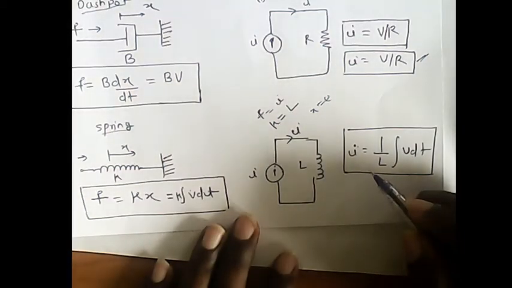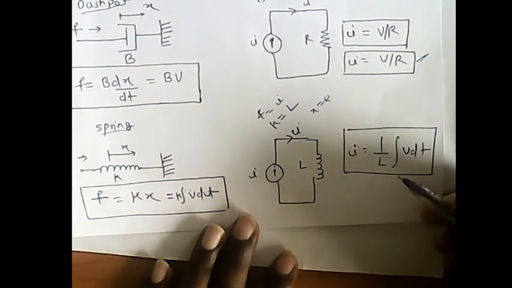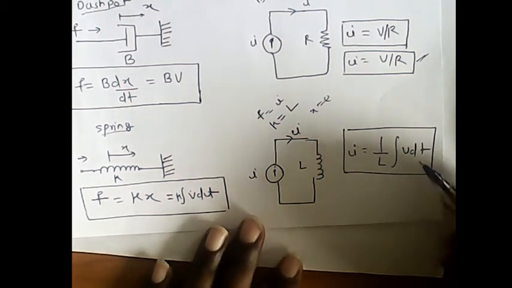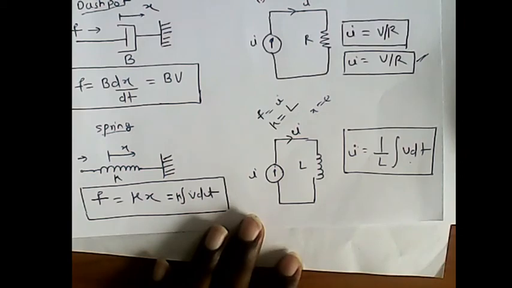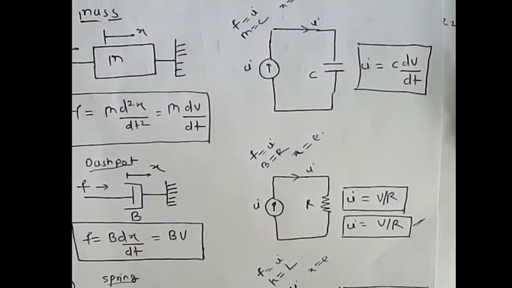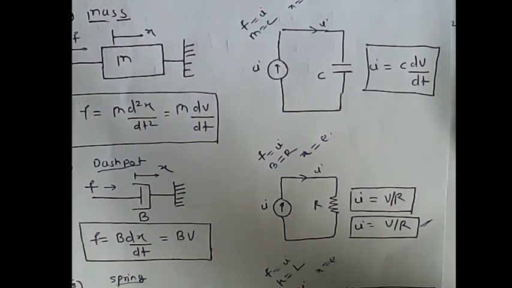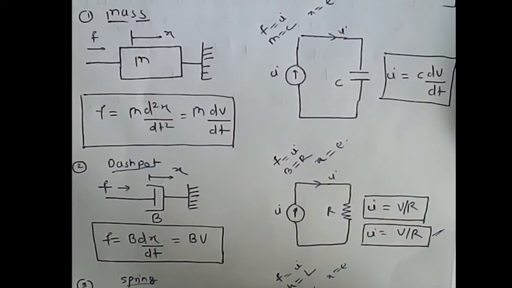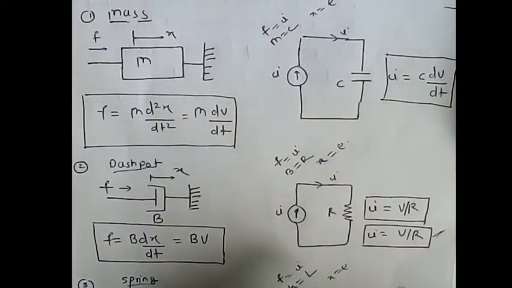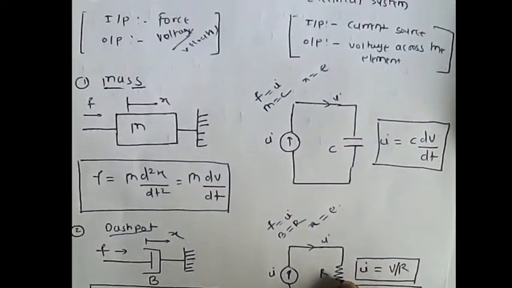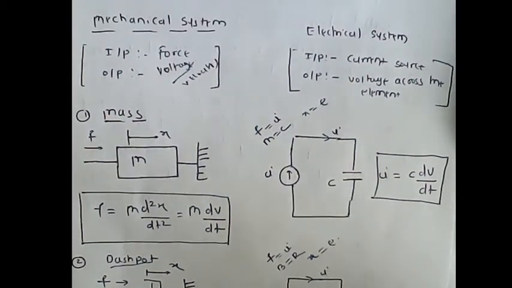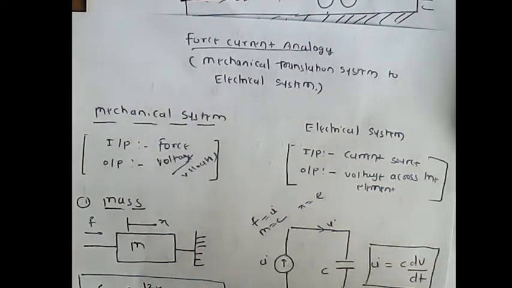So the relation between current and output voltage can be given by I equal to 1/L integral of V dt, where V is the voltage. So in this way we can map the different basic mechanical elements into an electrical system while dealing with the force current analogy to convert a translation mechanical system into an electrical system.